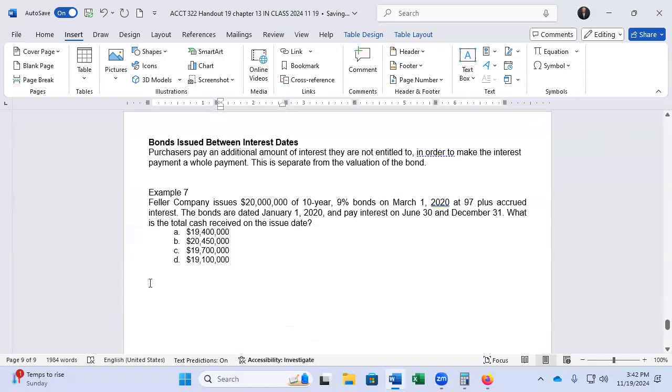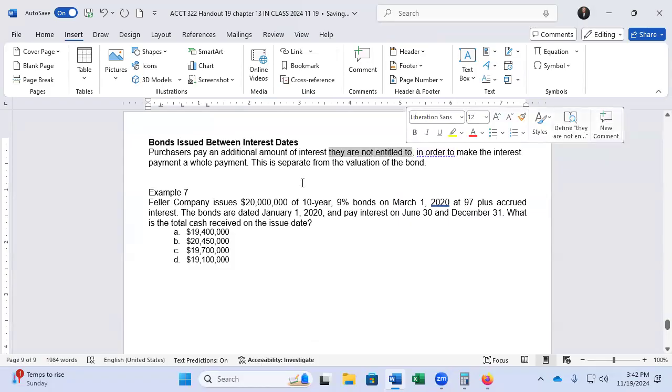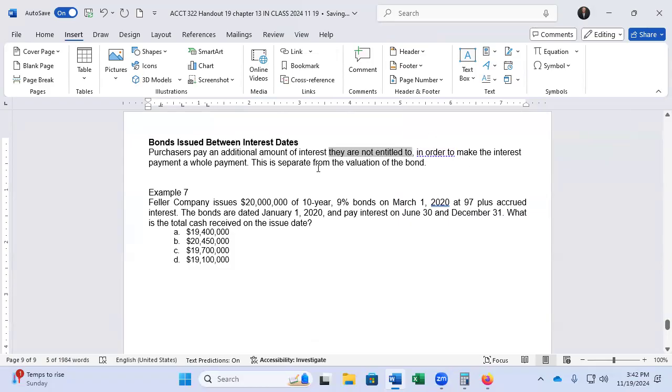And I got one last one that I can come through pretty quick. So this is that discussion from the question on the first page. Purchasers pay an additional amount of interest they are not entitled to in order to make the interest a whole payment. So bondholders, the issuers don't recalculate the payments.